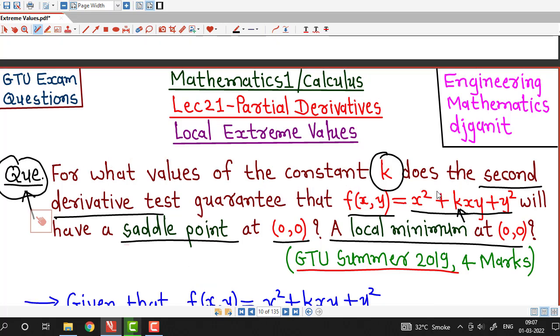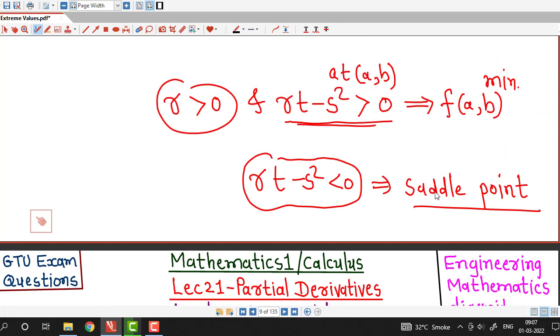So we recall the second derivative test. The second derivative test says that if r is positive and rt minus s² is positive at critical point (a,b), then f(a,b) is a local minimum, or the function has a local minimum at point (a,b).